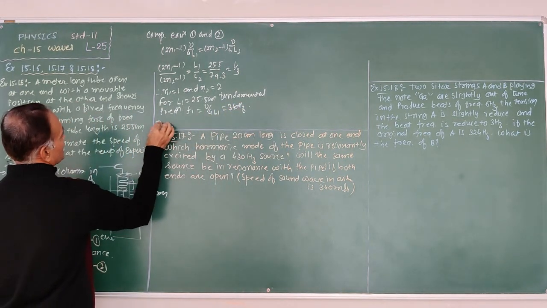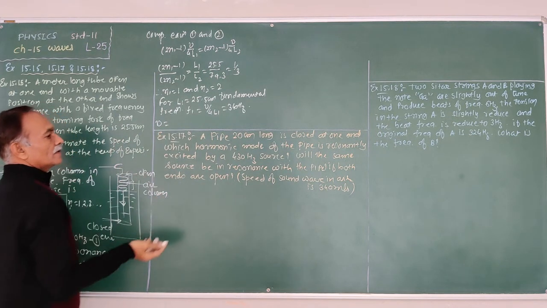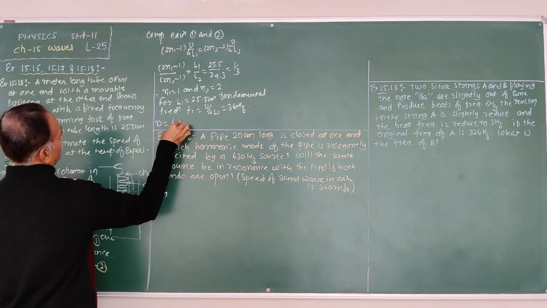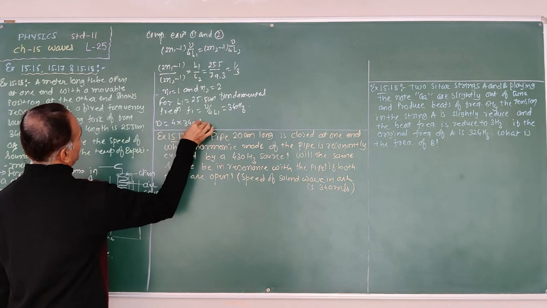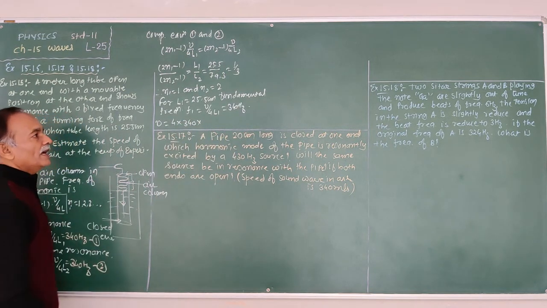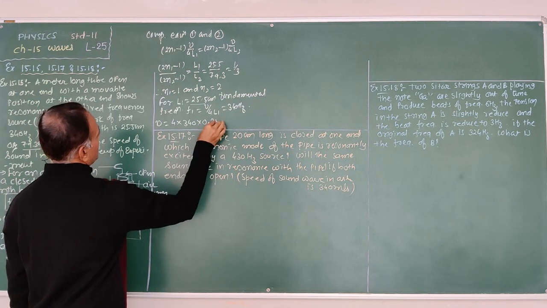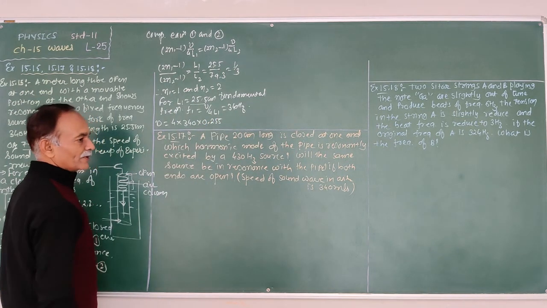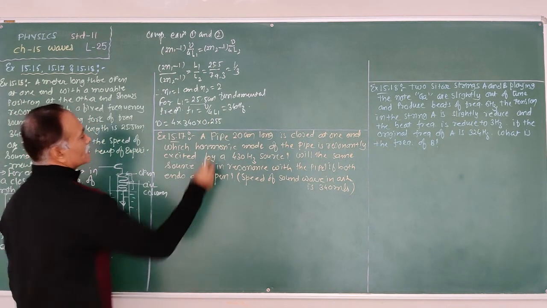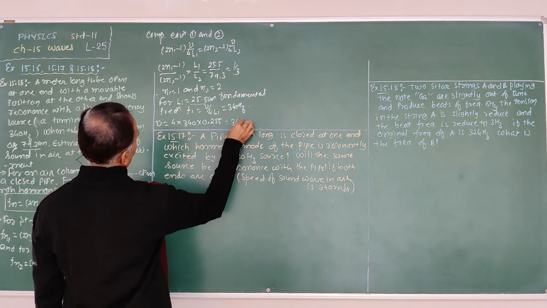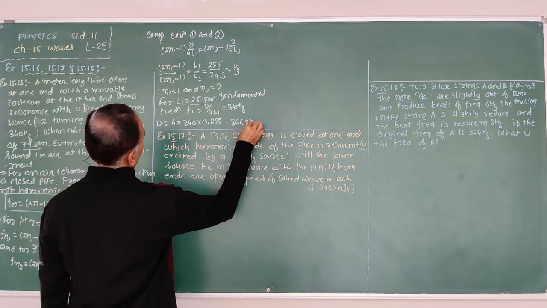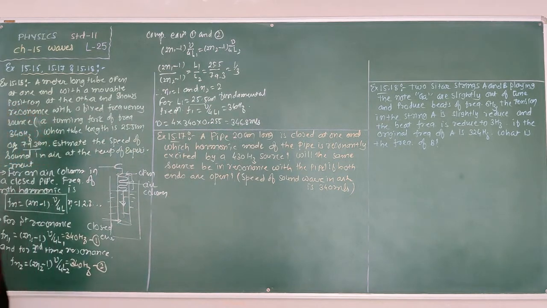Therefore, V is equal to 4 into 340 into L1. L1 is 25.5 centimeter, that means 0.255 meter. Therefore, V is 346.8 meter per second. That is the speed of the sound wave in air.